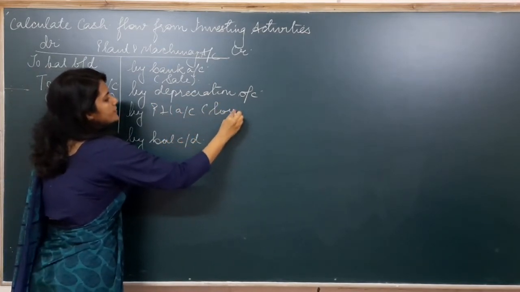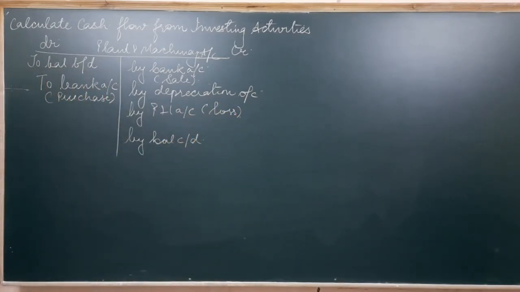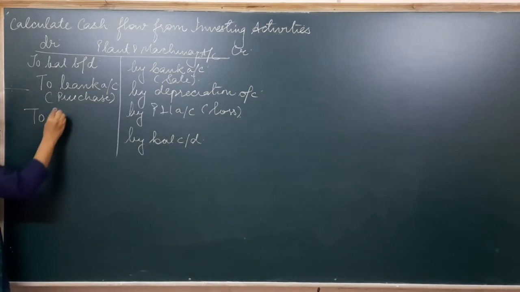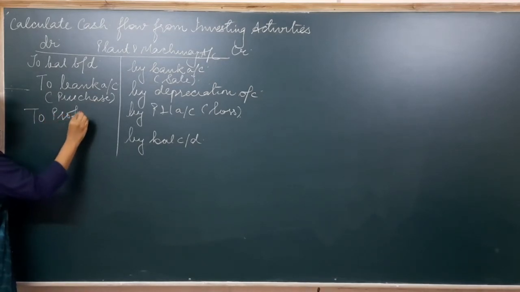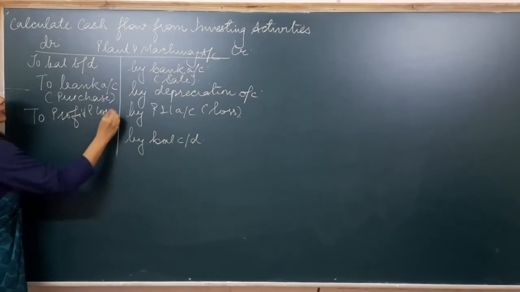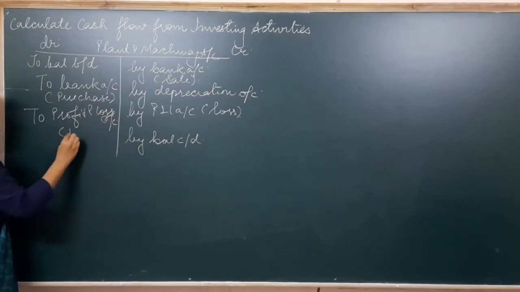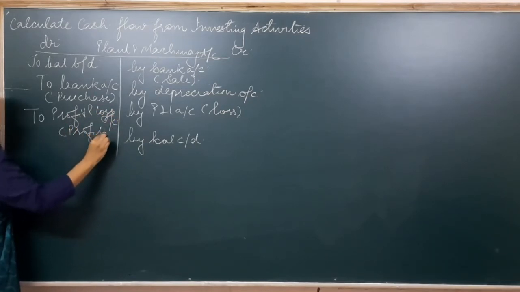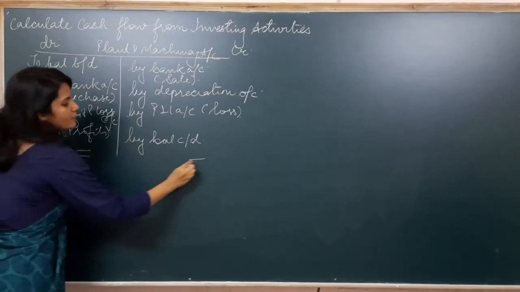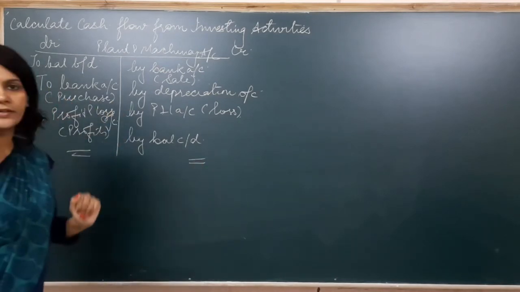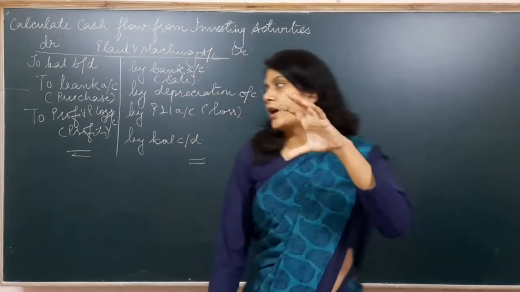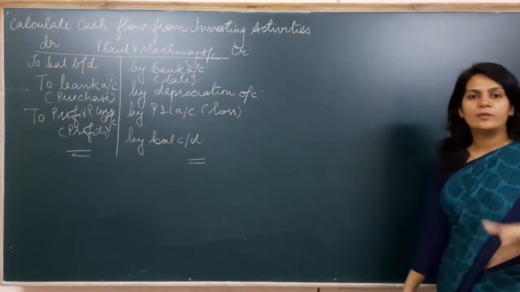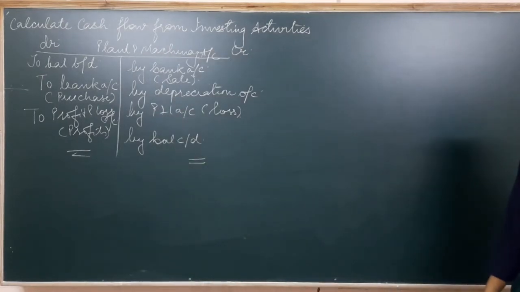It represents loss. And if we have earned profit, then we'll write to profit and loss account. It represents profits. So these items will be on the debit and the credit side, and apart from these items, no other item will be asked in the exams also.